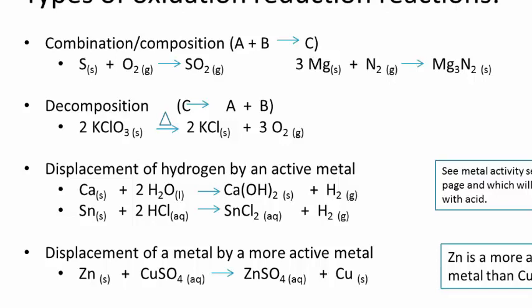The next general type of reaction is a displacement of a metal by a more active metal. And this again, we're going back to our prototypical oxidation reduction reaction. But zinc, the metal zinc, will displace copper cation from copper sulfate to form zinc sulfate and copper metal.